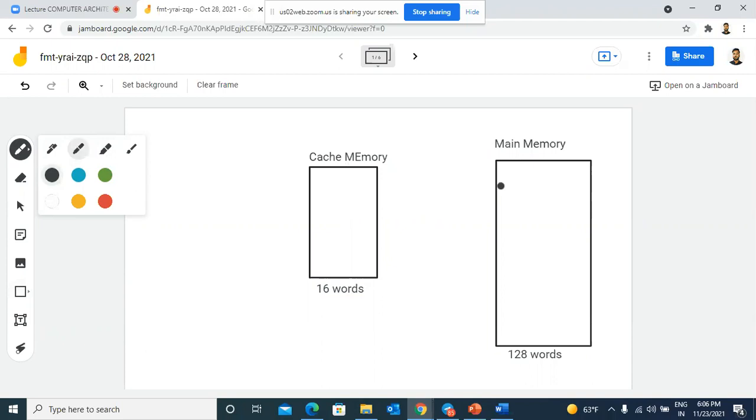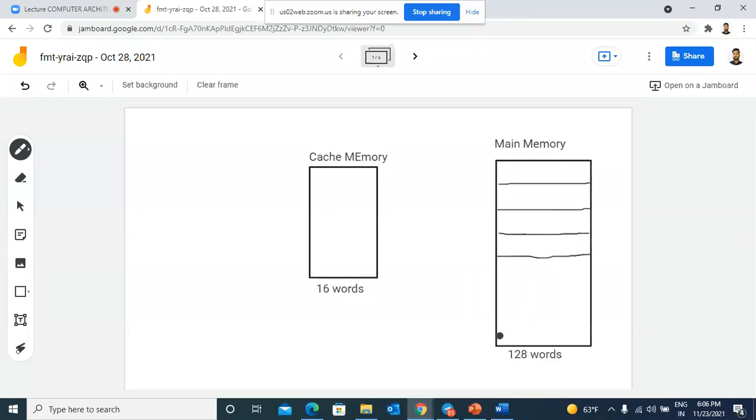So first thing is, let me write the blocks. The first block is B0, then B1, then B2, B3, and it will go on to B31.